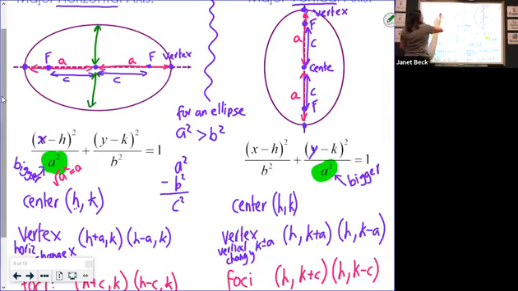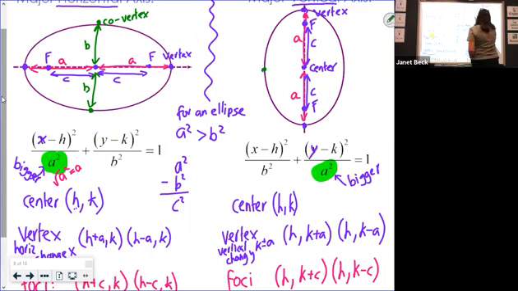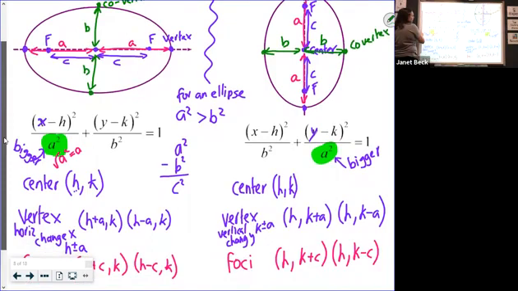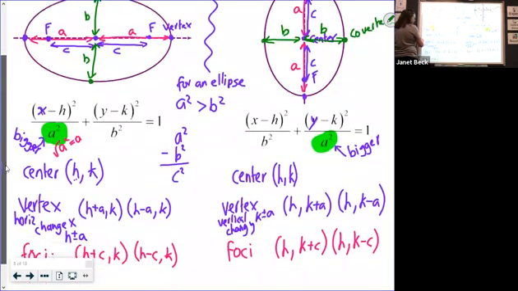And on the horizontal one, we'll go up and down by B to get to these points that are called the co-vertices. So each one is called a co-vertex. I didn't finish off the center. So how are we going to work those out if we don't want to just do it on a graph? How do we work out the location of those co-vertices?